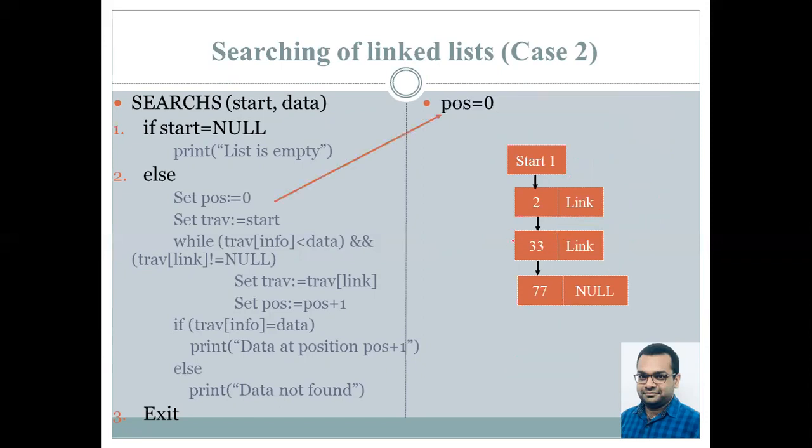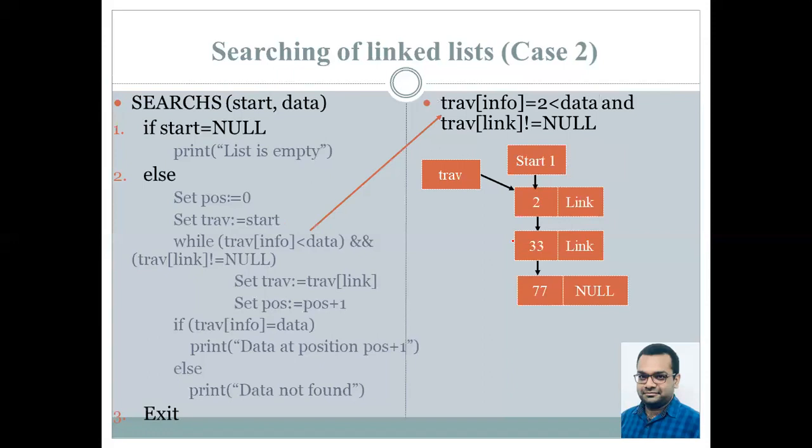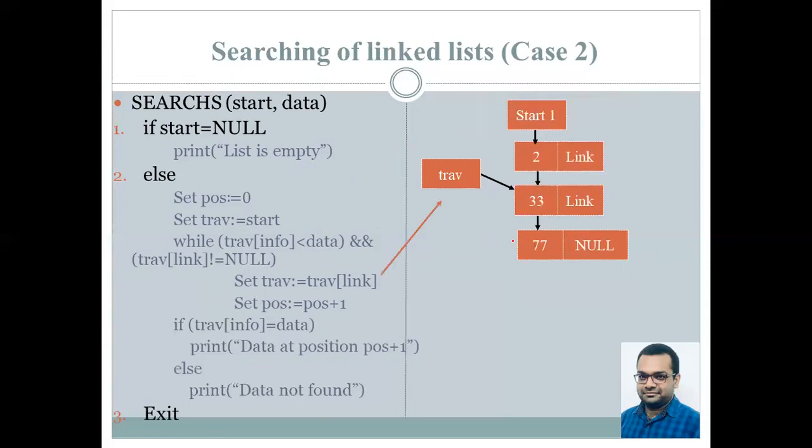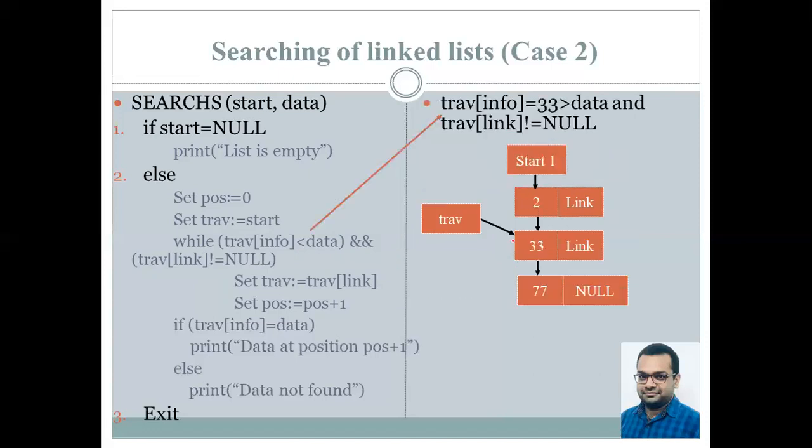So let's see. Position is initialized to 0. Traversal's value is set to start, that is the address of the first node. Now we compare traversal's information, that is 2, is less than the data, yes, and traversal's link is not null. Both these conditions are true. So traversal is incremented to point to the address of the second node and position is incremented. Now you check that traversal's information, that is 33, is greater than the data.